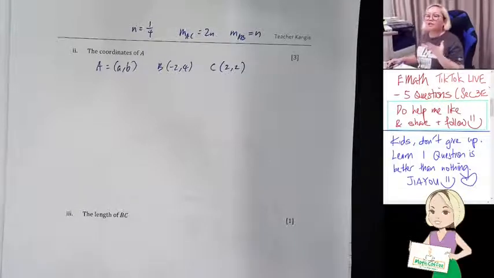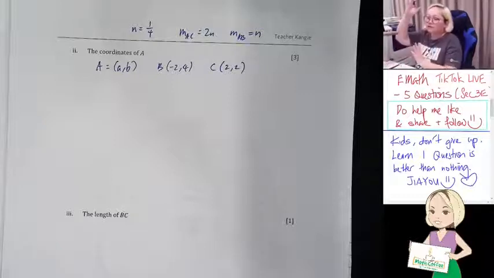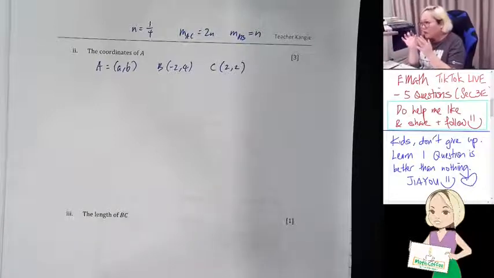Some schools teach it as rise over run, but it's the same. The y coordinates, when you minus them, is finding the difference of the vertical, so it's the rise. Then x1 minus x2 is the difference of the horizontal, which is the run. That's why it's rise over run. But I don't like to use rise over run. I just go straightforward with y1 minus y2 over x1 minus x2.